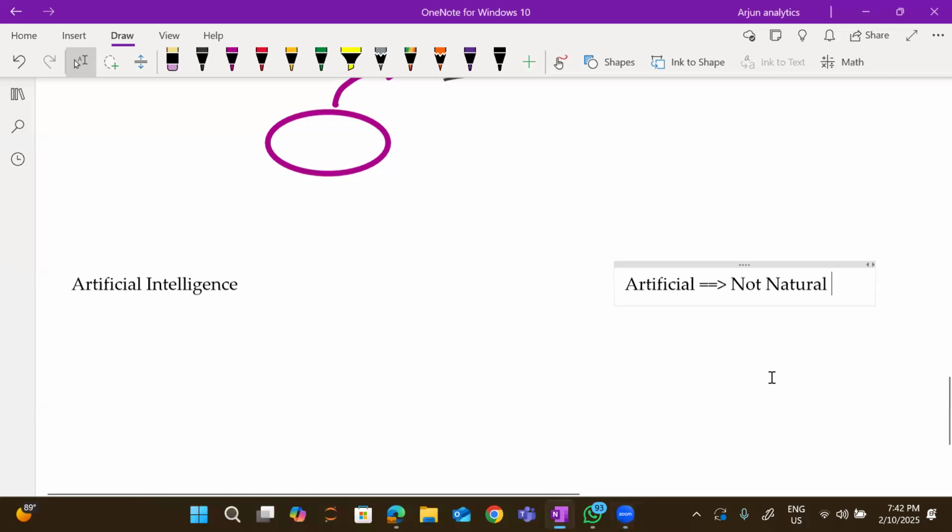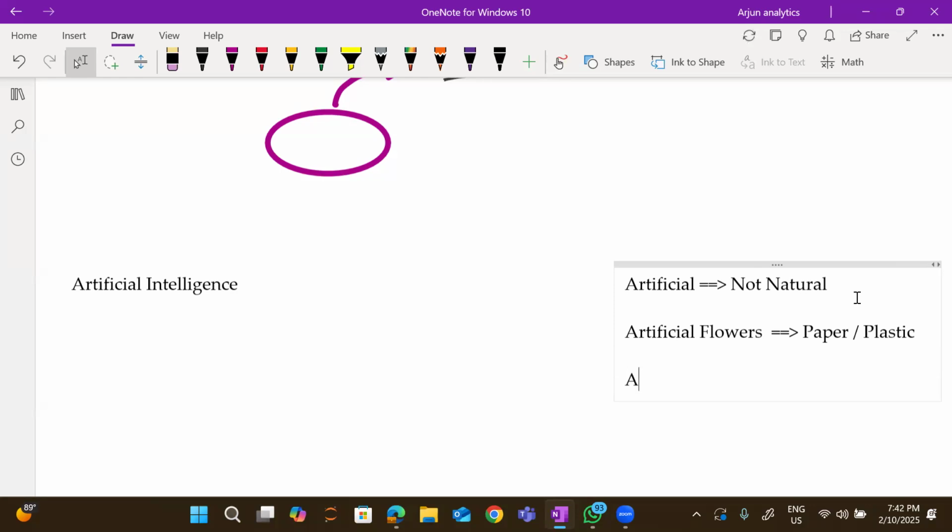Which is not natural. I want to give you some basic examples. We will say artificial flowers, the flowers which are not natural. How are you going to make them? You are going to make these flowers with paper or maybe some plastic.